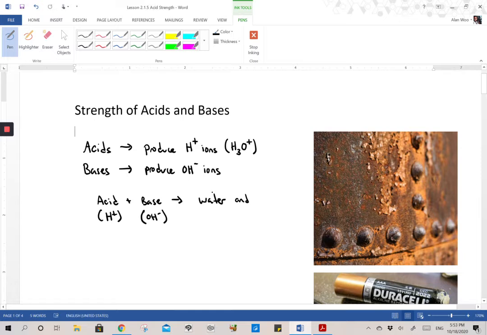Now, water is not the only product. The byproduct from mixing acids and bases is a salt. So we know that H plus and OH minus will give us H2O. The salt depends on what anion and cation the acid and base contain, so it's an ionic compound.